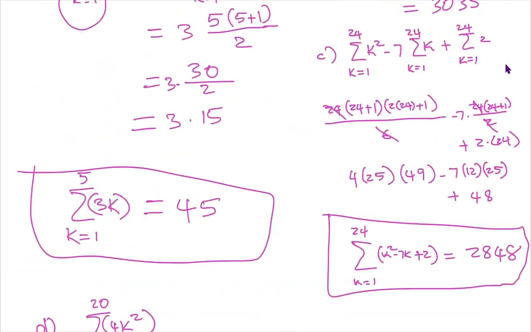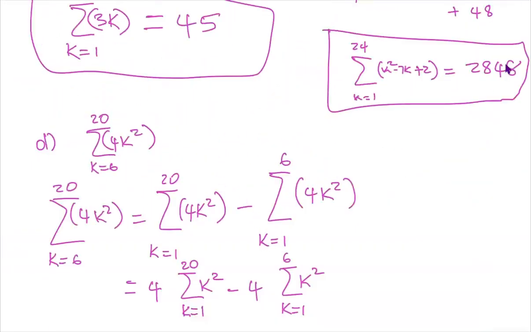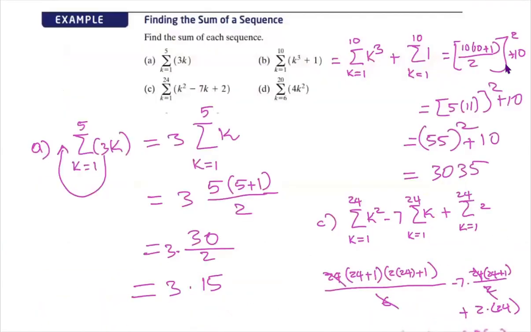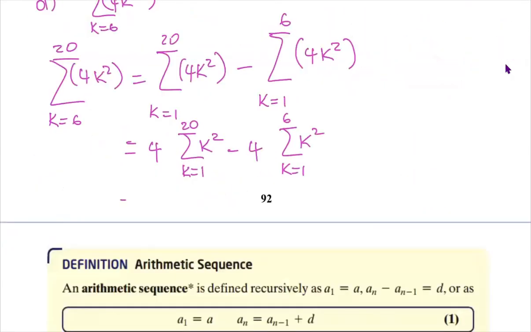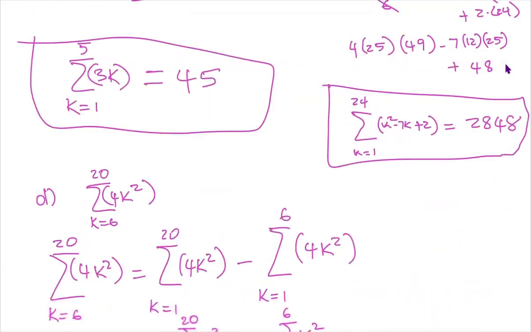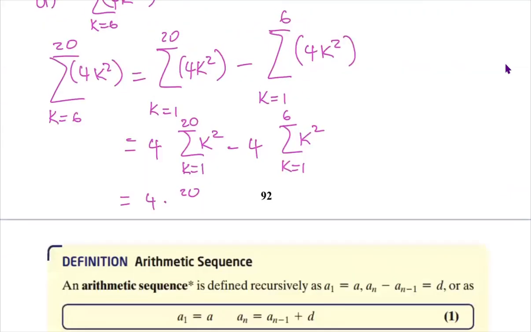Then we can use this formula, with n equals 20 and n equals 6 for each of these. So that's 4 times 20 times 21 times 2 times 20 plus 1, 41, over 6.